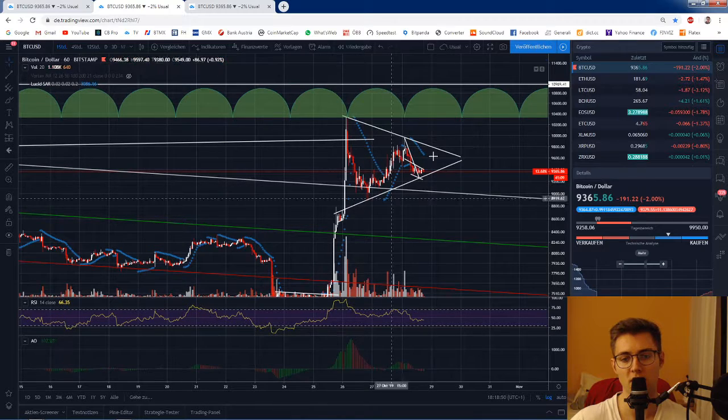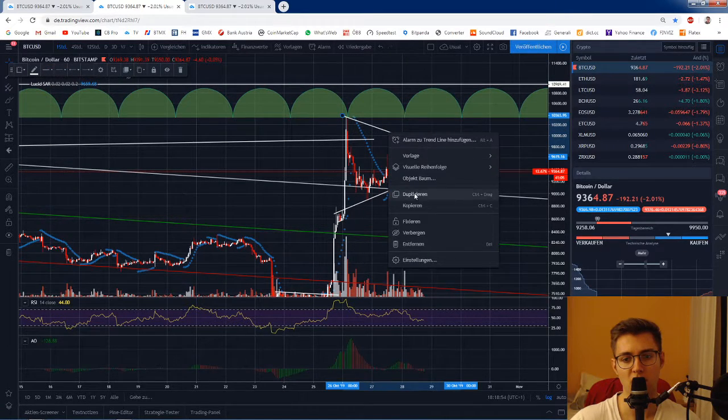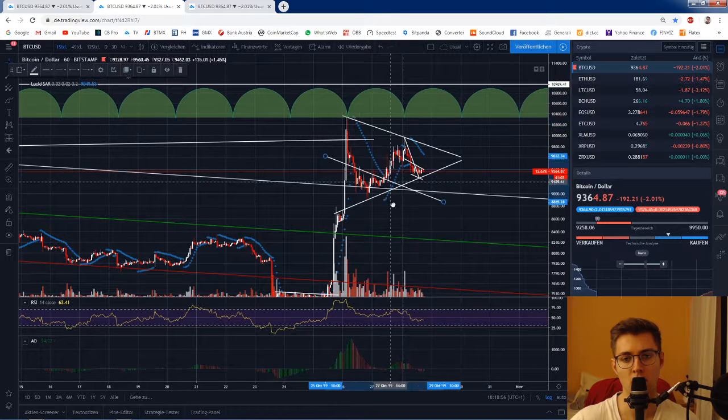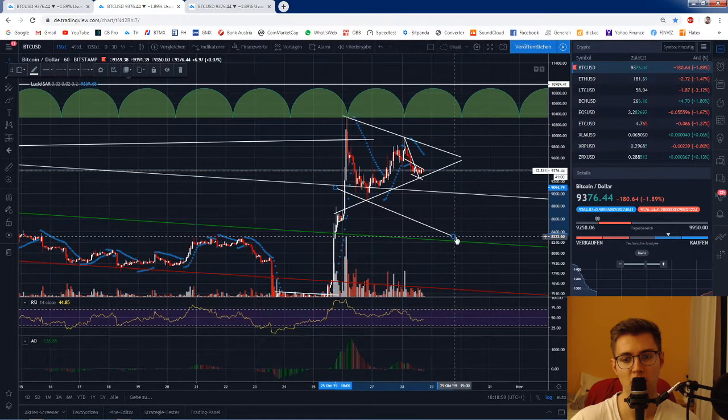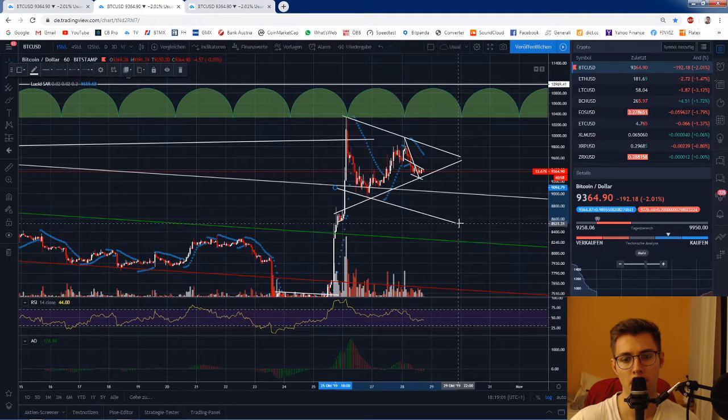Maybe then go into an extended period of a bull flag, and this could then maybe look something like that. Yet I don't think this is the likely scenario.